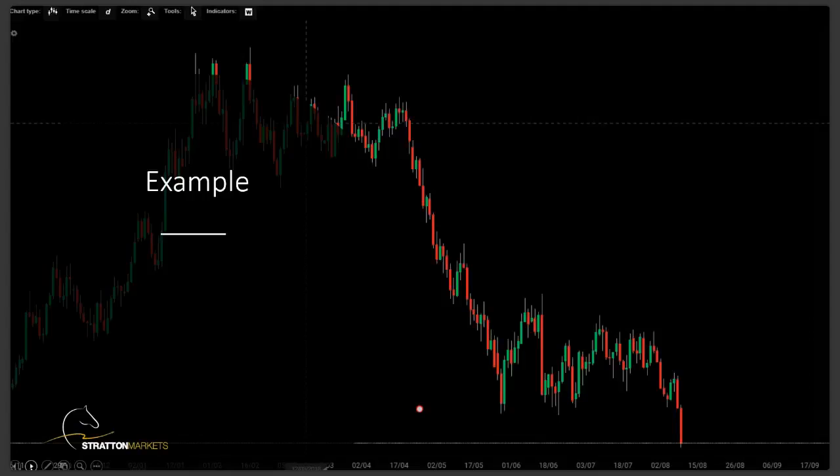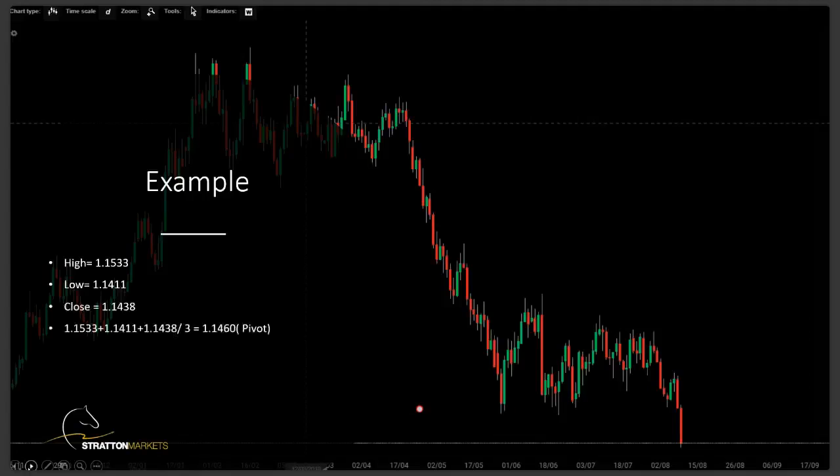So to give you a rough example, just some numbers I took from the Euro-Dollar daily chart a little while back. The high of the session before was 1.1533. The low of that session was 1.1411, and the close of that session was 1.1438.